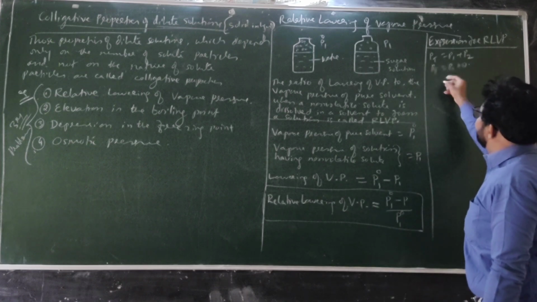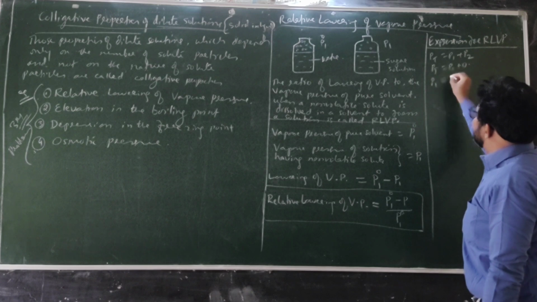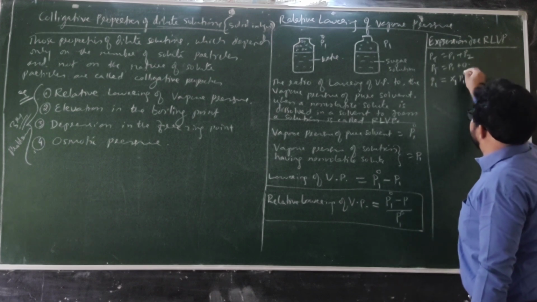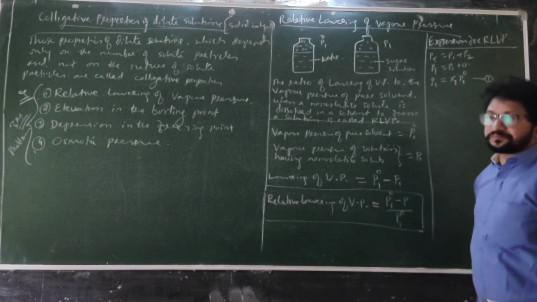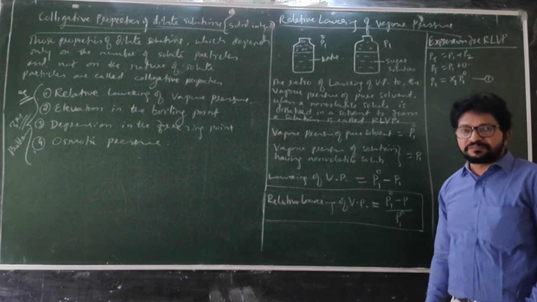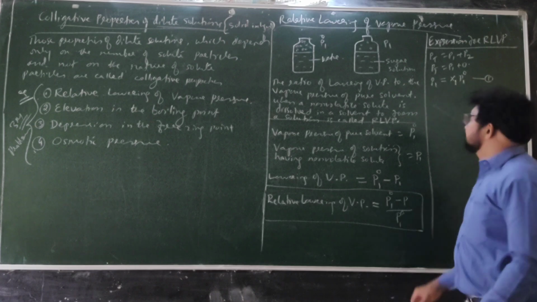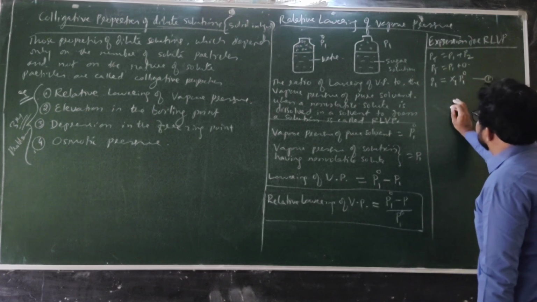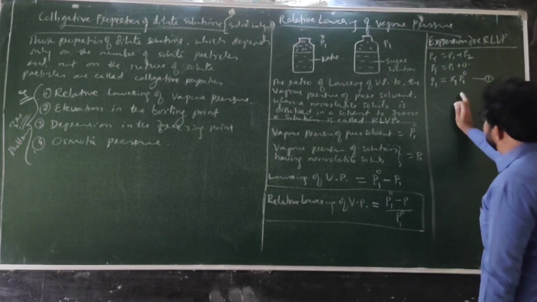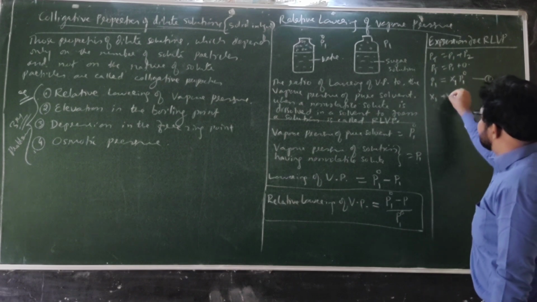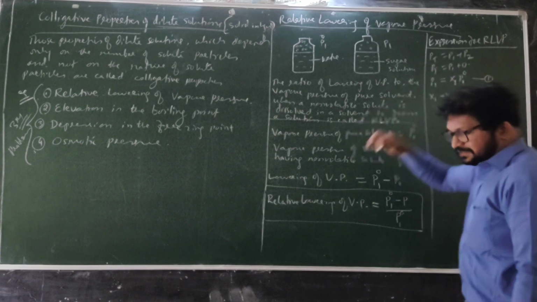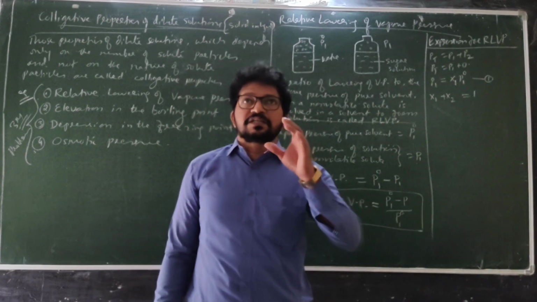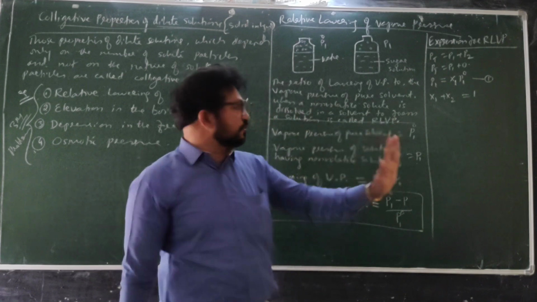Now, by the definition of Raoult's law, P1 is equal to x1 into P1 naught, equation 1. Understand? Now I will do it like this: x1 plus x2 equals 1. Is this correct? The total mole fraction of the solution, solvent plus solute, is 1.